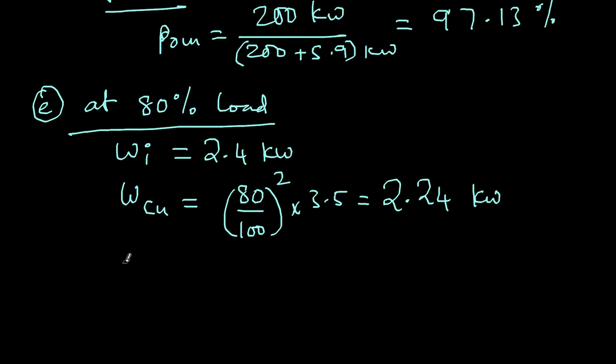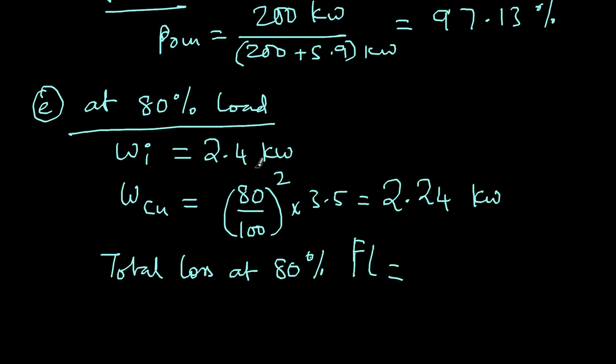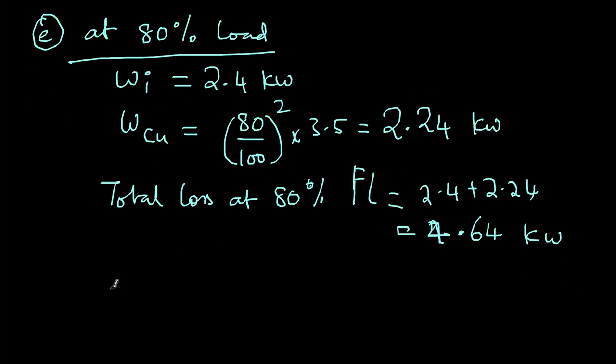Now what is the total loss at 80% load? That will be 2.4 plus 2.24, that is 4.64 kilowatts. And what is the output? P out at 80% load, 0.9 power factor, which is also given in the question.